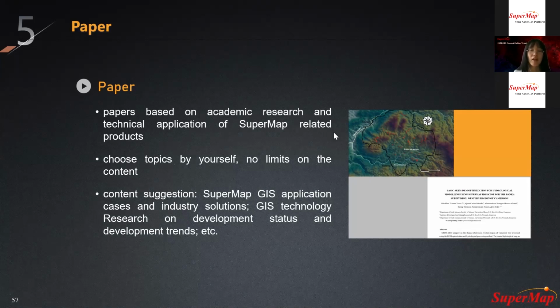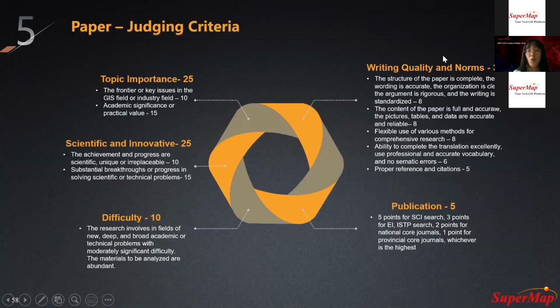And here is the judging criteria. Because it's a paper group, the most important is your writing quality and the writing norms for an academic paper.